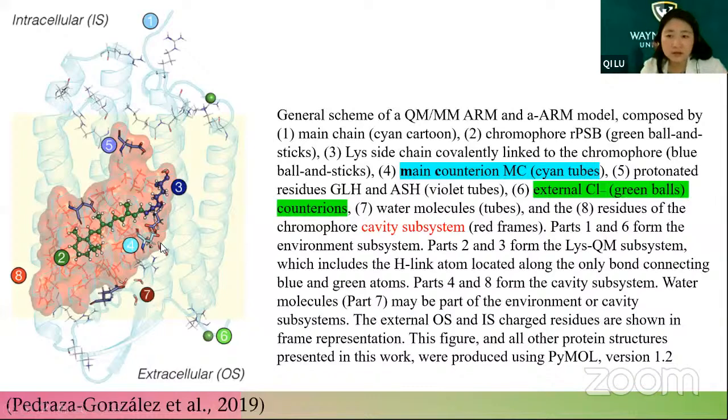I see another color here for the protonated residue, external chloride, and maybe internal water molecules. And we remember that water molecules inside this cavity are also very important to form the hydrogen bond networks. And the residues of the chromophore and these cavity subsystems. And this part is the QM, the Coulomb level, the central focus part.